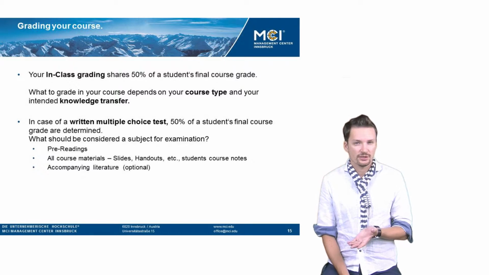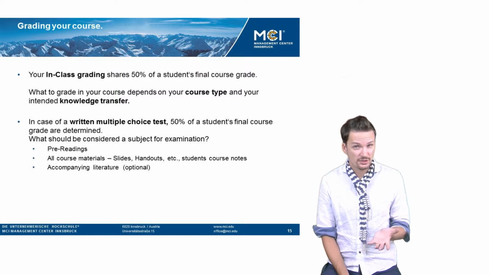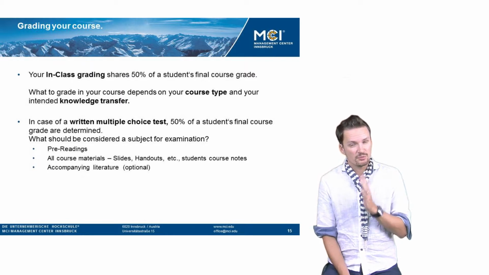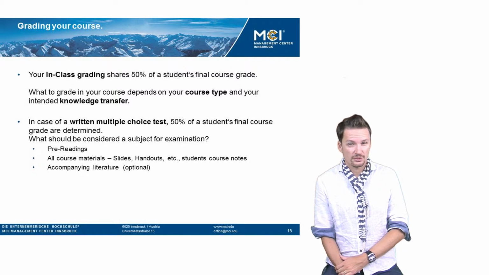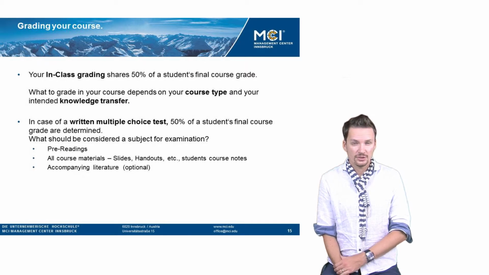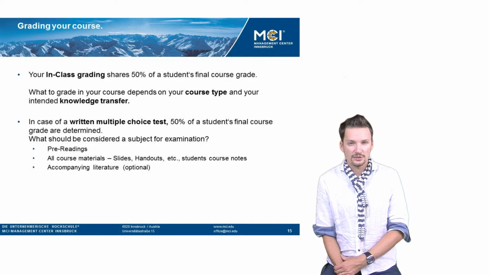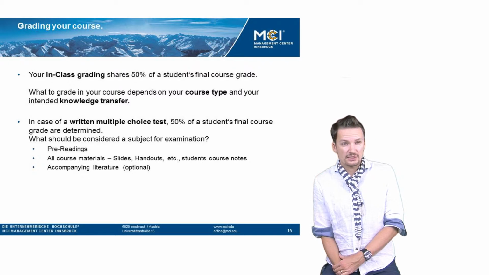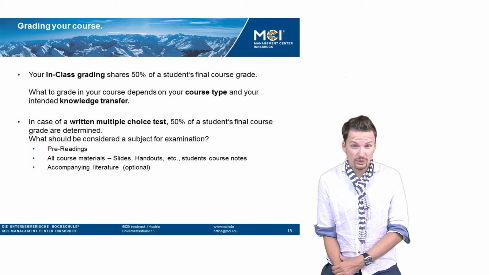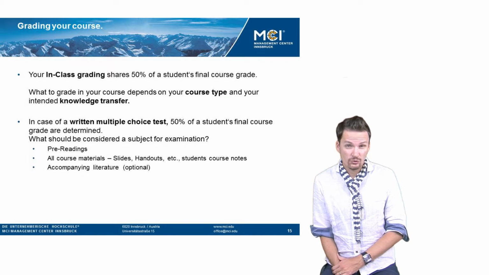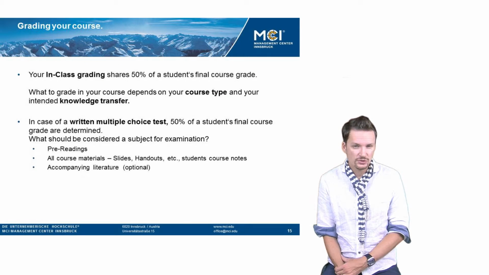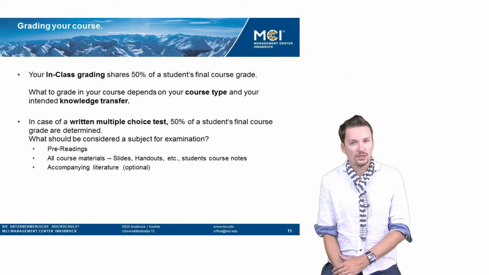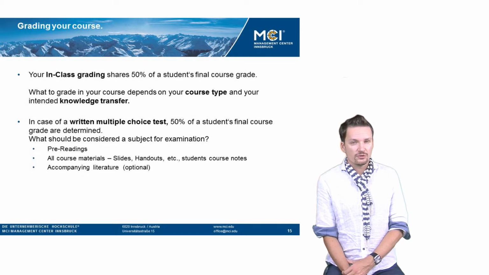So an integrated lecture or lecture itself or a seminar are always graded depending on the content of the course and the type of the course. If there is a written multiple choice test, it's always 50% of the final course grade. And what is the subject of the written multiple choice test? Of course, all course materials used and the pre-readings and, in an optional way, supplemental material delivered by the lecturer.